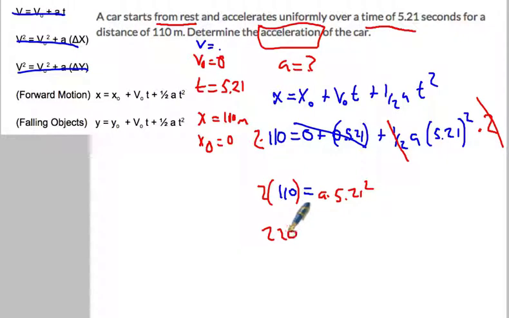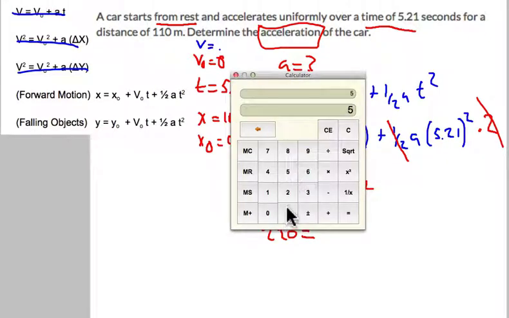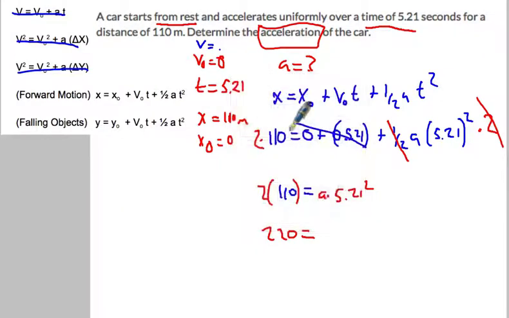So this is 220 equals, what's 5.21 squared? 27.14. And then we have one more step. If you want to move something from one side of the equal sign to the other, we do the opposite function. I need to isolate this variable.